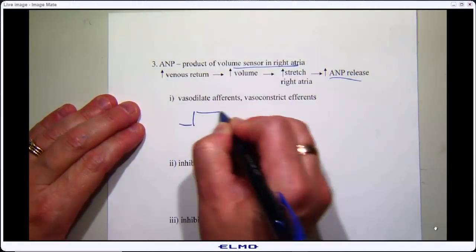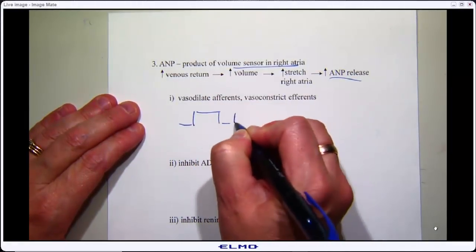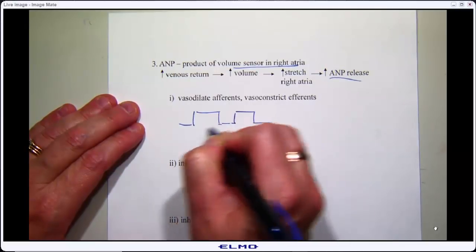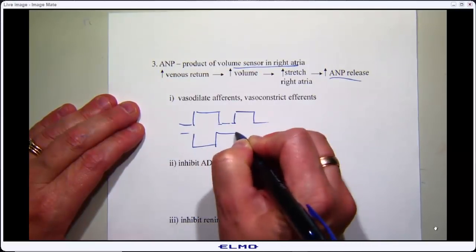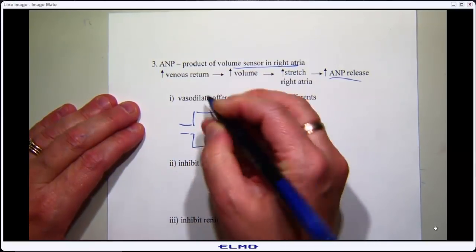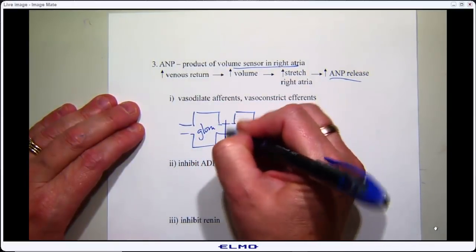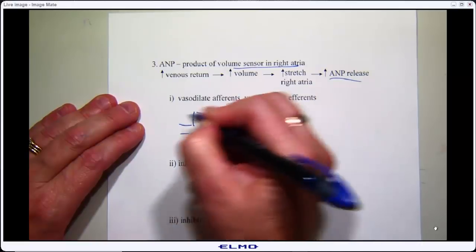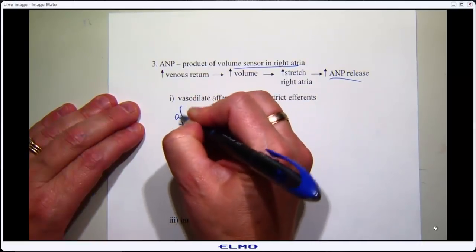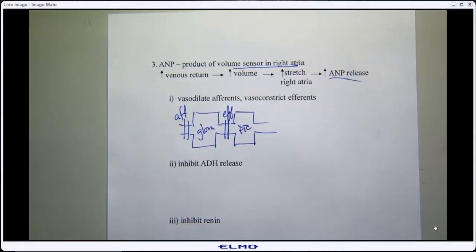Well, this was the one that had some crazy behavior at the level of afferents and efferents. It was a vasodilator of afferents, so more in.